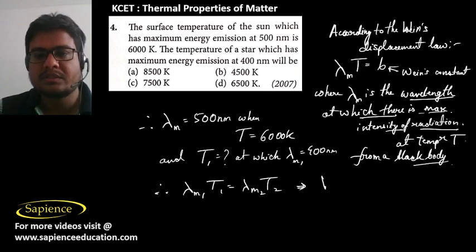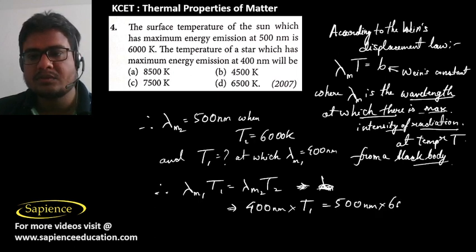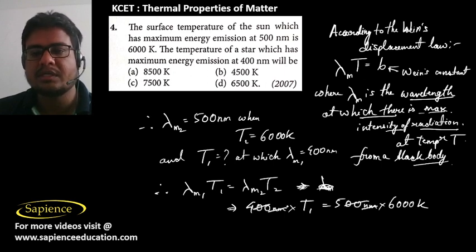So lambda m1, that is 400 nanometer, into T1 that we have to find, is equal to lambda m2, which is 500 nanometer, into T2, which is 6000 Kelvin. Nanometer and nanometer will cancel, and 400 and 00 will cancel.